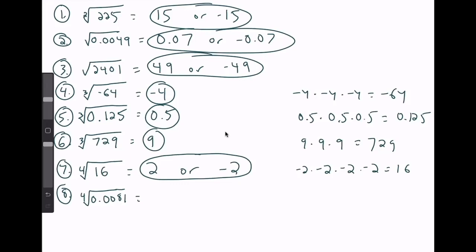There's an X next to that radical symbol. And then I'm going to type in 0.0081. Click enter, and I get 0.3 or -0.3. Right? Your calculator won't tell you the or, but we know, oh yeah, we can figure out this answer.